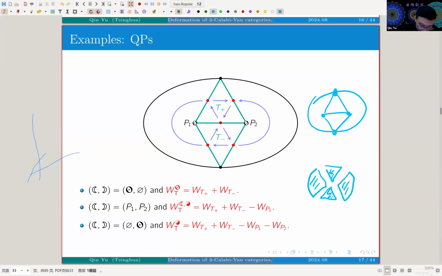So typically in the cluster story, we take this potential: the sum of the 3-cycles corresponding to the triangles, minus the two 3-cycles around the punctures. That's the non-degenerate quiver with potential you want to associate to a triangulation. However, what we want to do is consider three, or in fact four, cases in this.